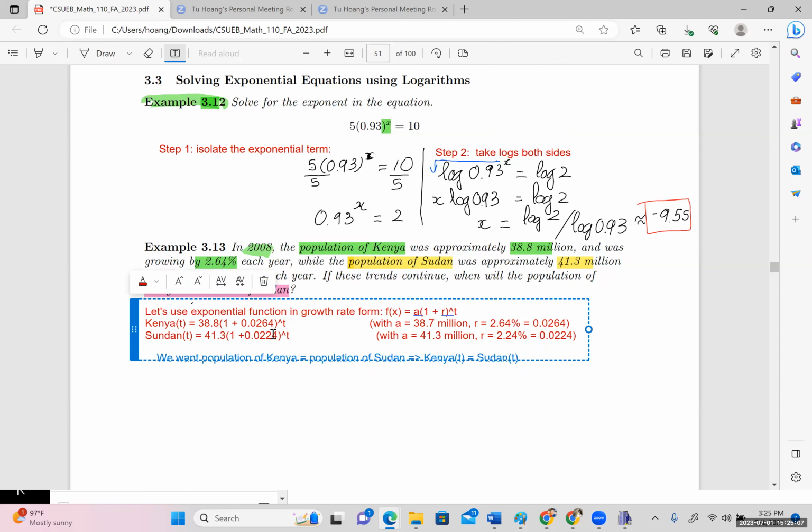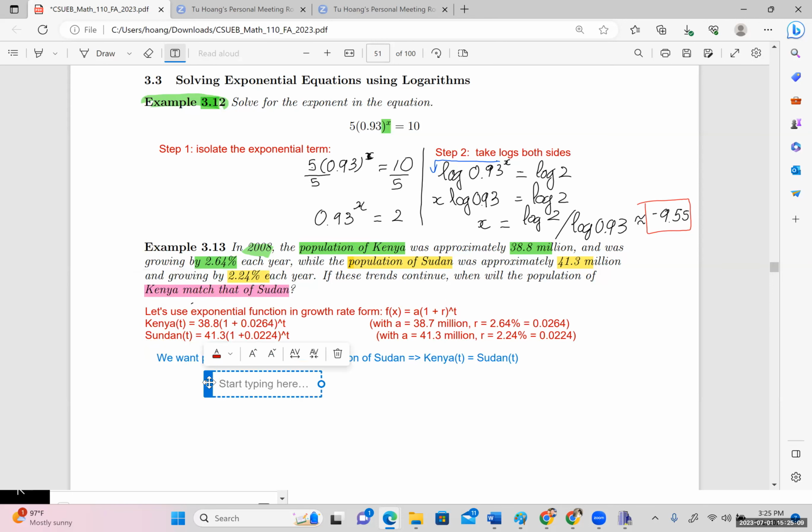We can set up the equation as 38.8 times 1 plus 0.0264.